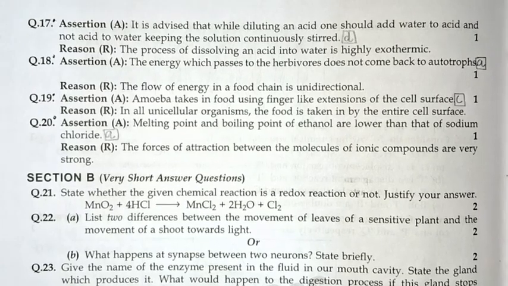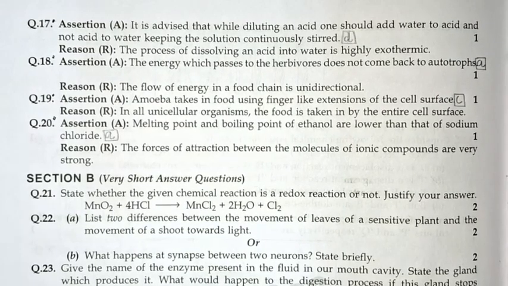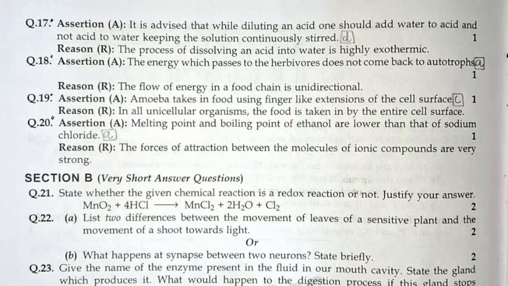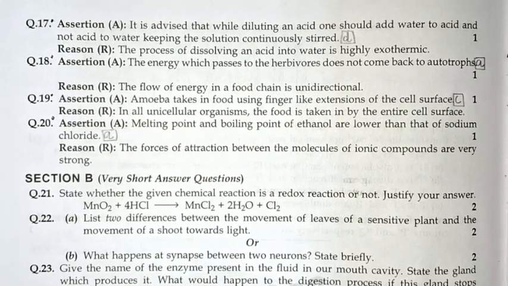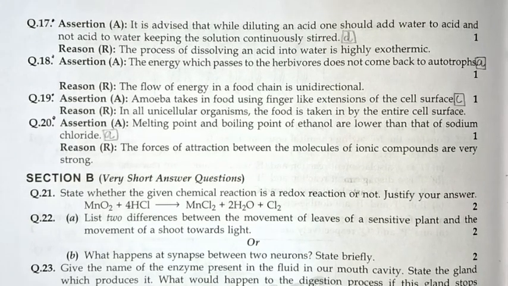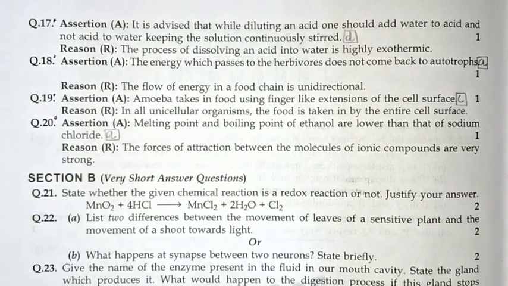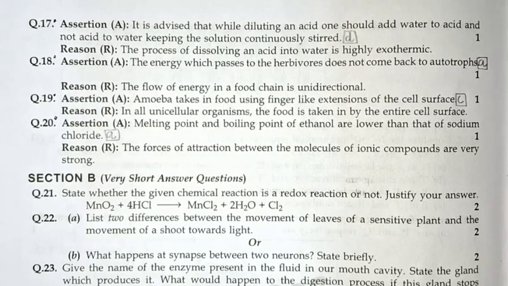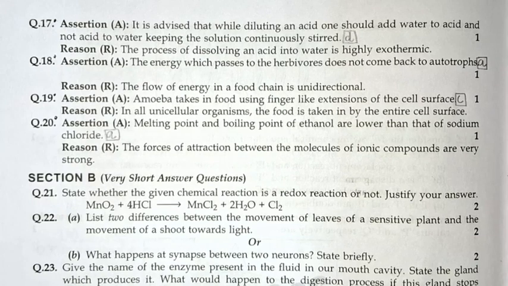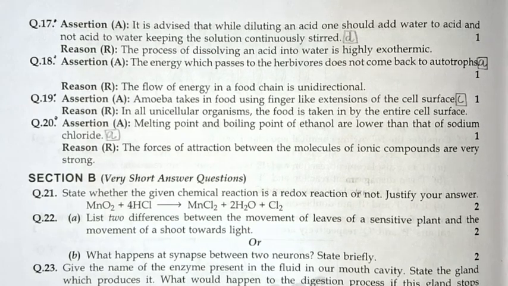Question number 18. Assertion is: the energy which passes to the herbivores does not come back to autotrophs. Reason is: the flow of energy in a food chain is unidirectional. Answer will be option A. Both assertion and reason are true, and reason is the correct explanation of assertion.